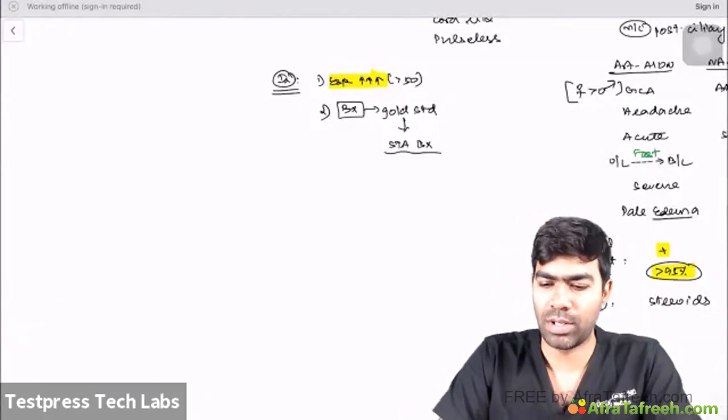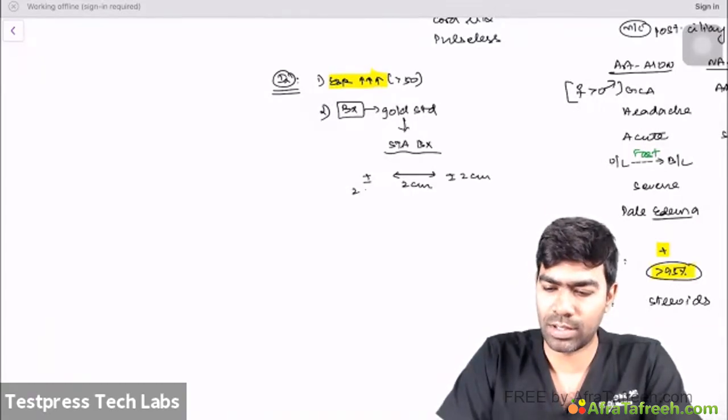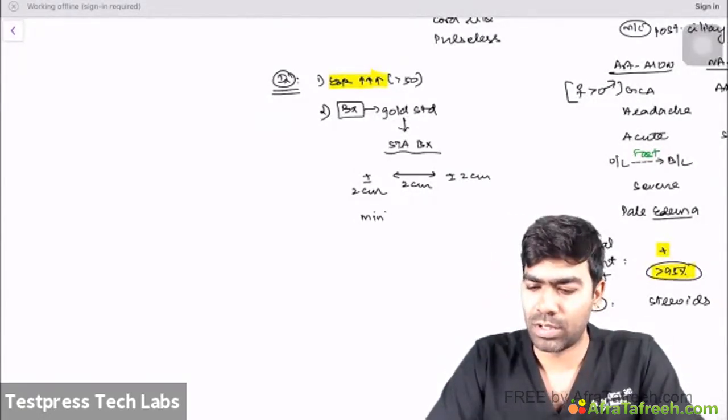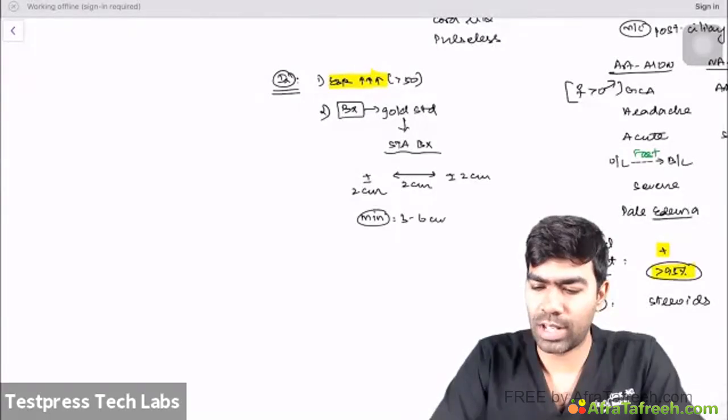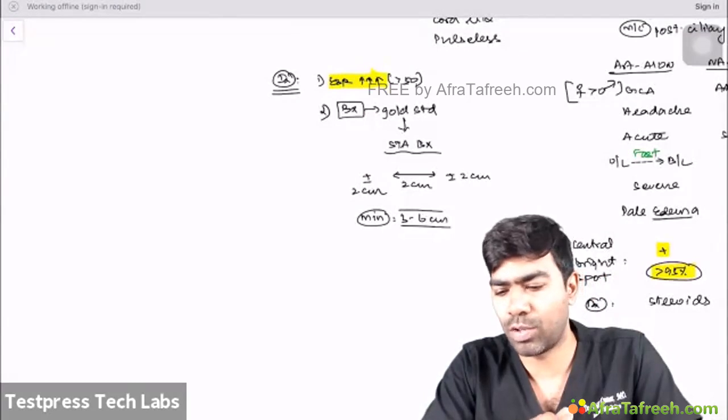For example, you take a central 2 centimeter biopsy, plus or minus on either side you have to give another 2 centimeter clearance, which means ideally minimum you have to take 3 to 6 centimeter length of the superficial temporal artery to make a good diagnosis.